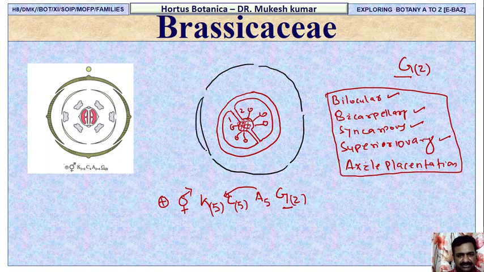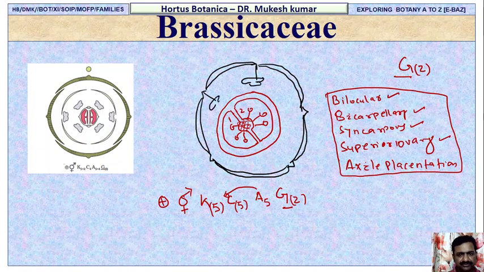This is your 1, this is 2, this is 3, this is 4, and this is the 5th one, all in front of each other. They are fused, they unite. And from this, what happened? This is your 1, 2, 3, 4, and this is your 5th one.